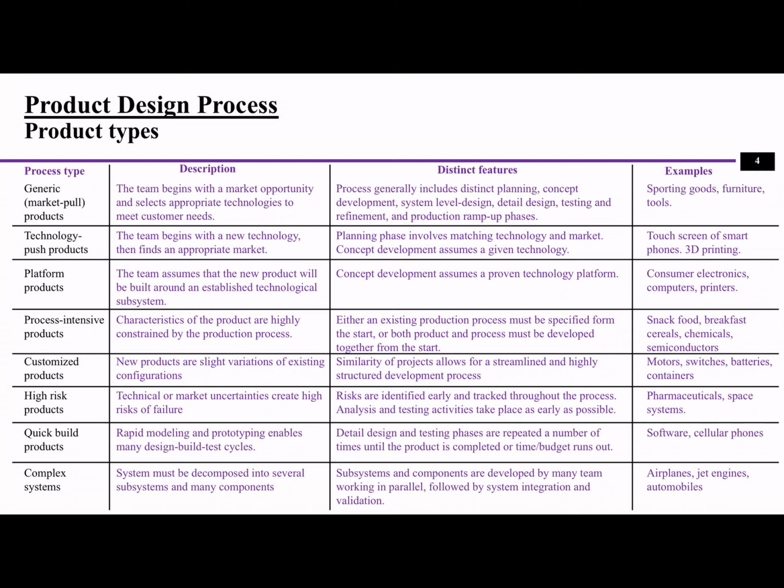Another one is platform products. Platform products means that the new product will be built around established technological subsystems. For example, computer systems, right? You have an operating system, and you can develop software. You can develop many different apps, right? Same with consumer electronics, right?